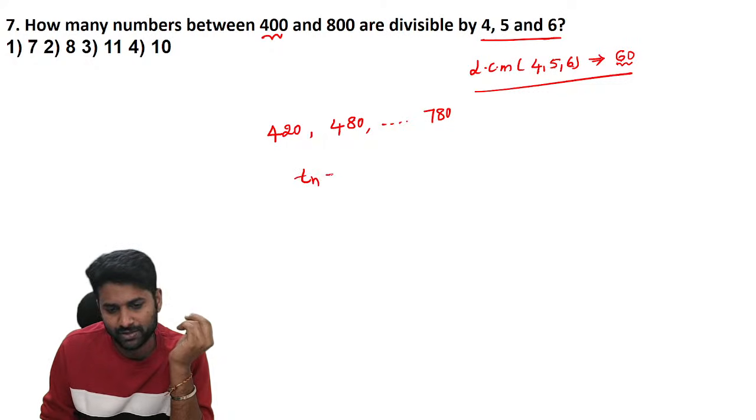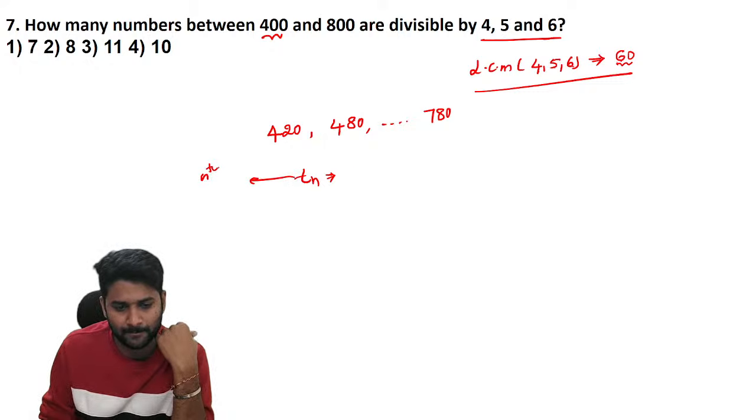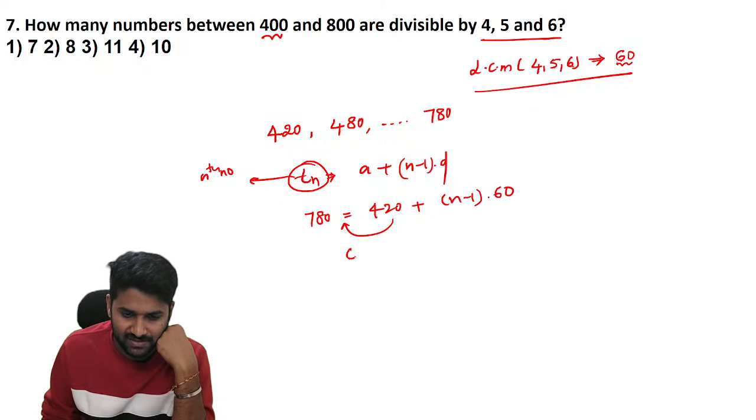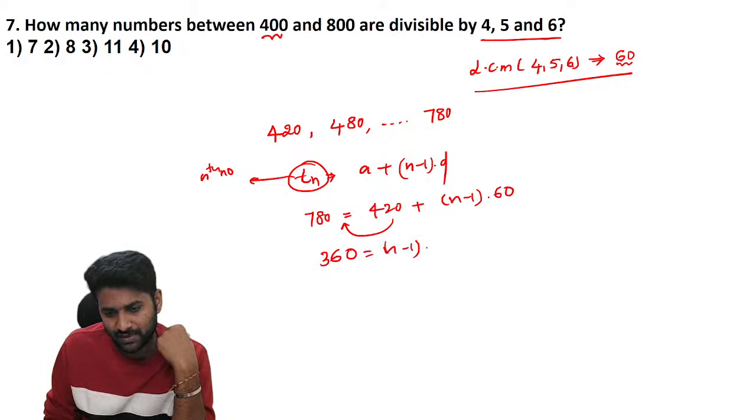As you know from the progression concept, the nth term Tn is A plus n minus 1 times d. Here the nth number is 780, A is the first number 420, n minus 1, and the difference is 60. Let's find the difference: 780 minus 420 is 360. So 360 equals n minus 1 times 60.